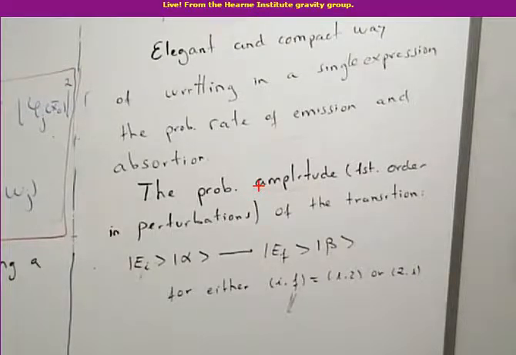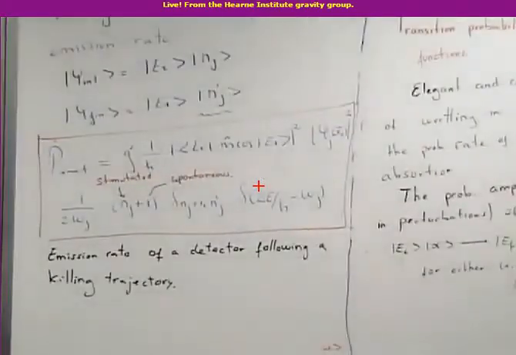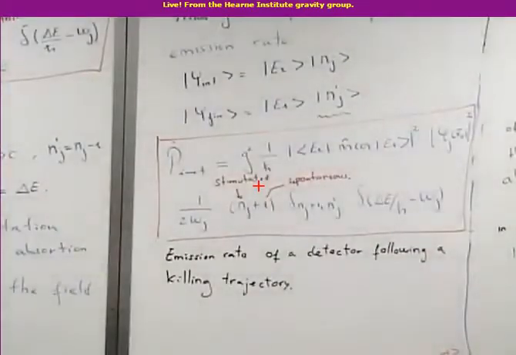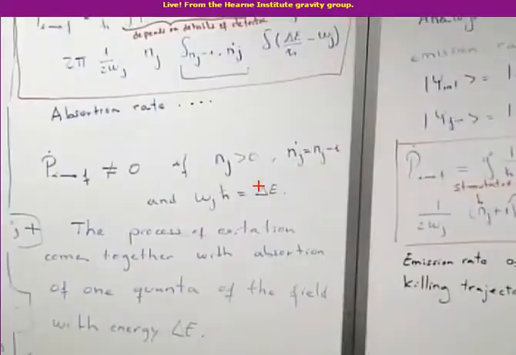We go from I to F and alpha to beta. The first column, I'm just repeating the expression that I wrote before.